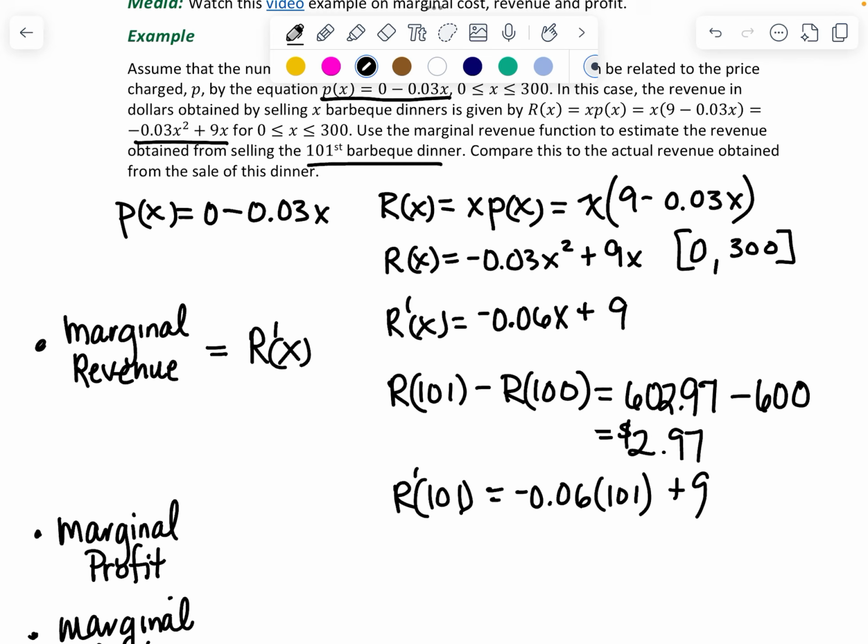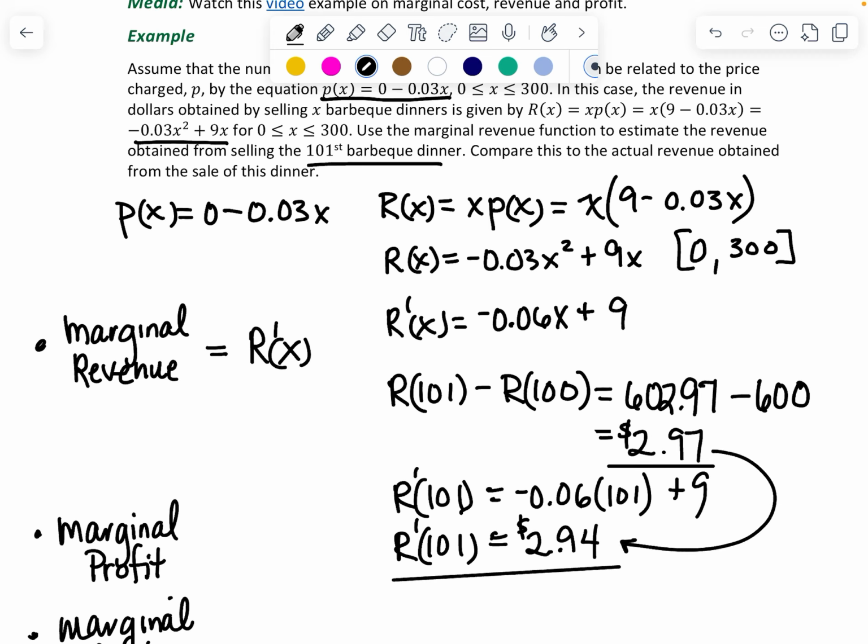So according to the derivative, R prime of 101 is equal to $2.94. So the marginal revenue, according to the derivative, is coming up with 2.94, whereas the difference in revenue is 2.97 if I calculate it using the function.